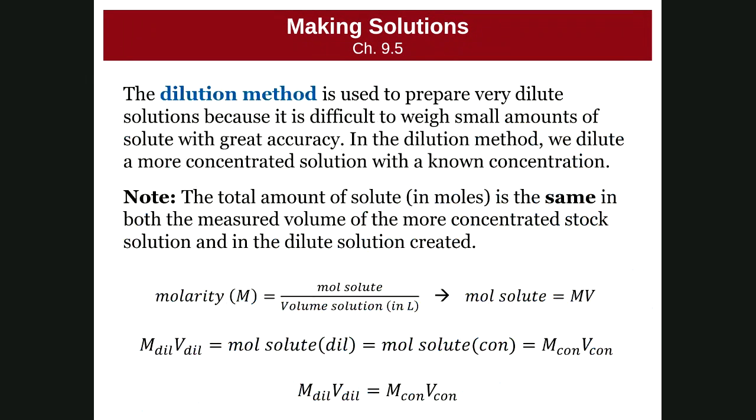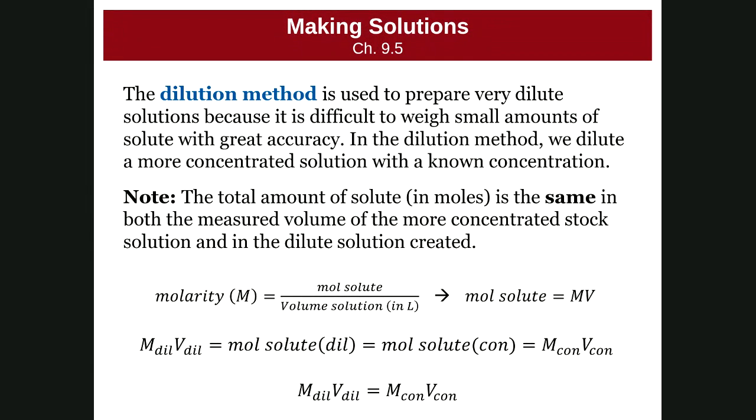The dilution method is used when we want really small concentrations of our solutions because it's really hard to weigh out small amounts of our solute with great accuracy. All of our balances are not accurate below, I'd say, milligrams of our solids, and sometimes you want to measure out a milligram at a time, which is not very accurate on our balances.